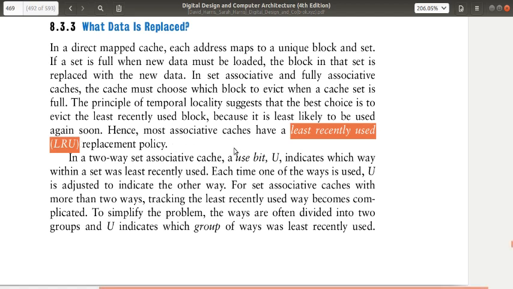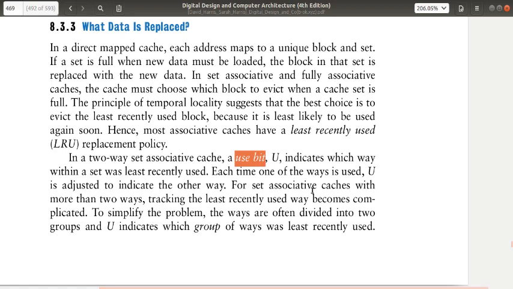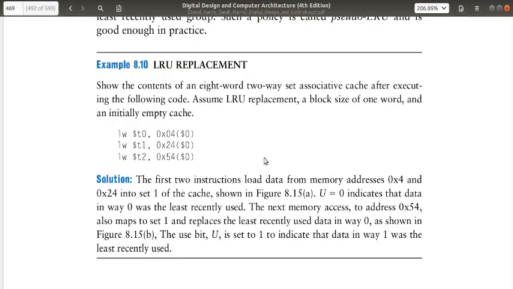So for that we are using this use bit denoted by U. The use bit will denote which of the blocks in the set is the least recently used, and that can be replaced.